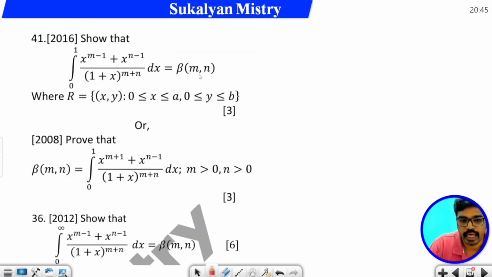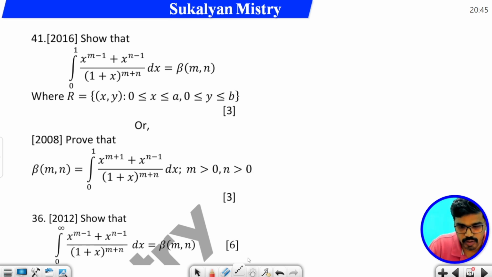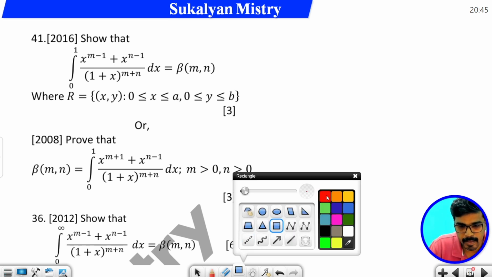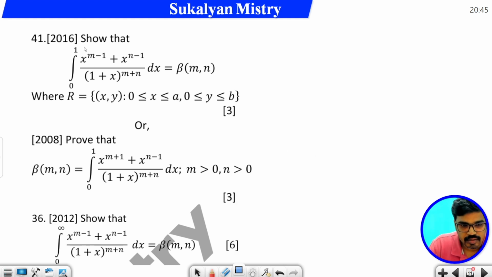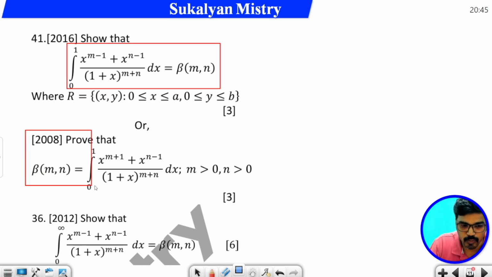Just see what question the exam has given: show that integration 0 to 1 x to the power m minus 1 plus x to the power n minus 1 divided by 1 plus x to the power m plus n dx is equal to beta mn.